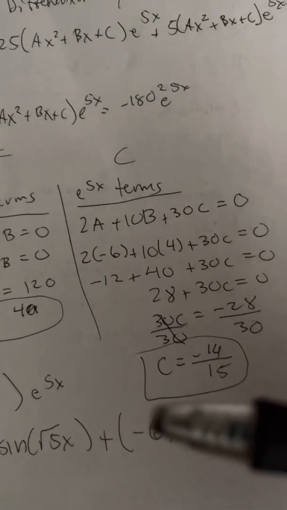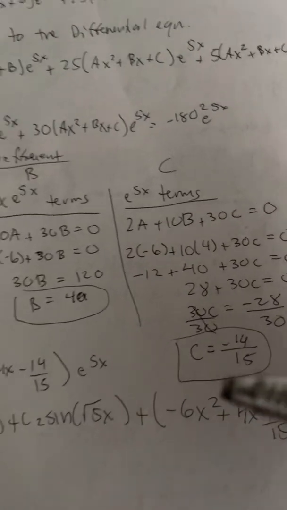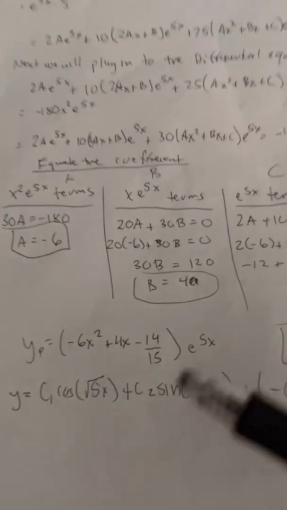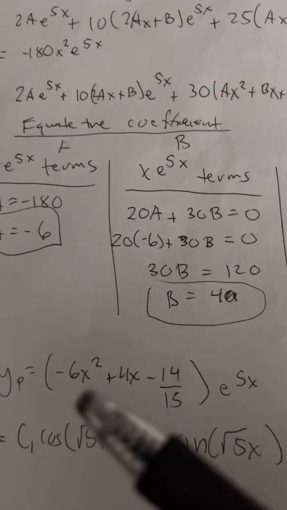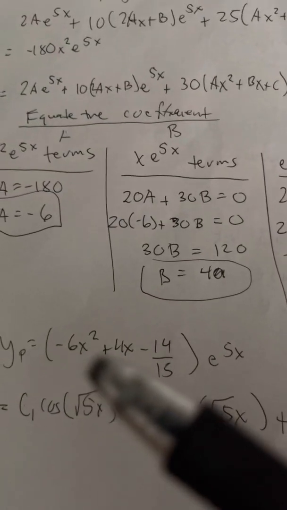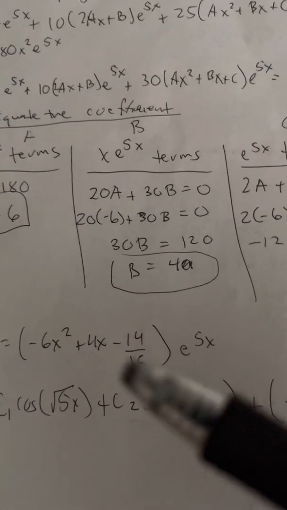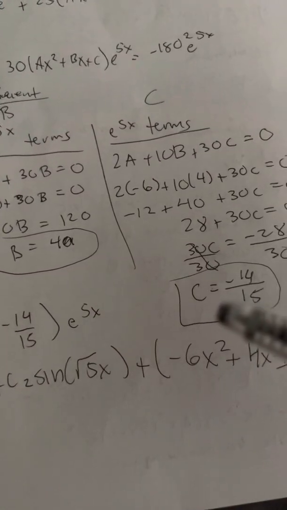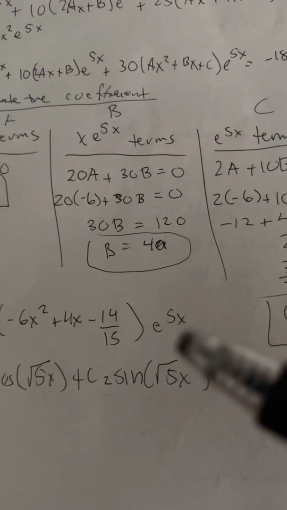To clean this up a little bit, we'll get negative 14 over 15. Since we have all our terms here, we can put it into yp. So yp equals negative 6x squared plus 4x minus 14 over 15, times e to the 5x.